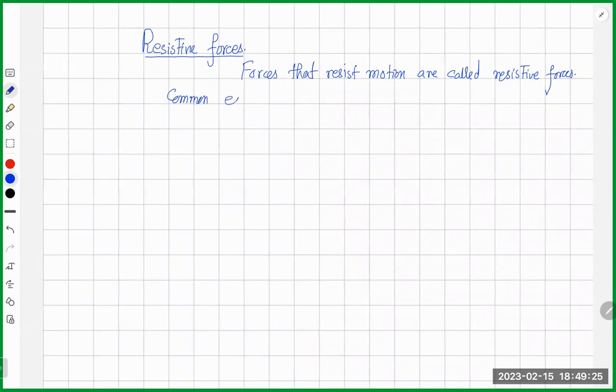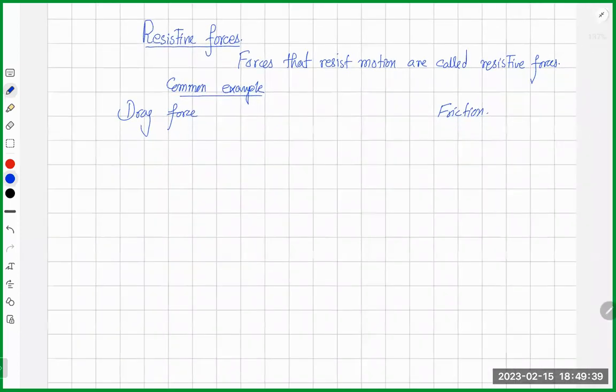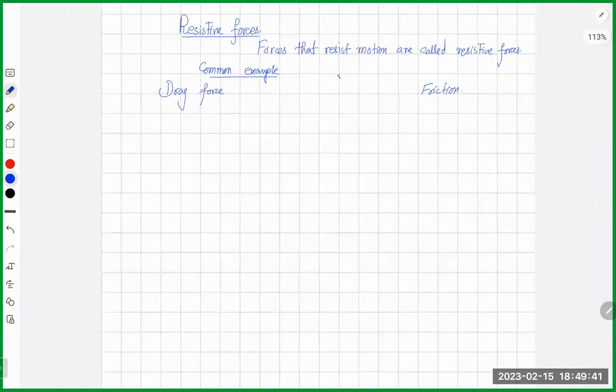Common examples are drag force and friction. Now, what is drag force? What is friction?